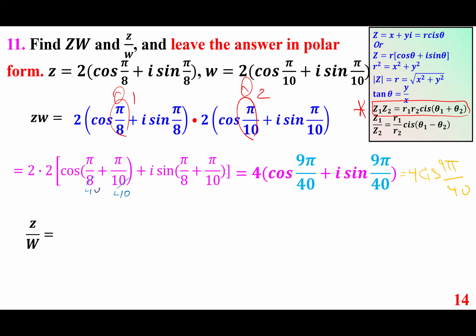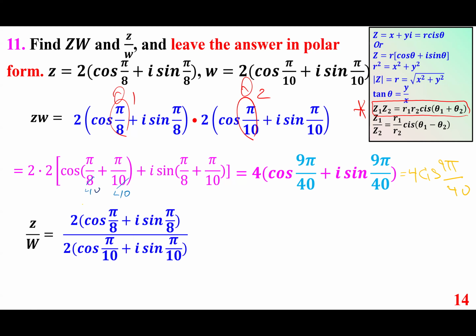Now, I want to divide them. So I'm going to put the z at top and the w at the bottom. And clearly, we're going to cross out the 2. Then what about the rest? When you do that, cis theta 1 minus theta 2. So we write cosine of pi over 8 minus pi over 10 and i sine of pi over 8 minus pi over 10.